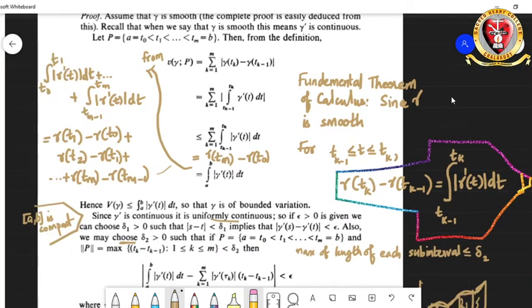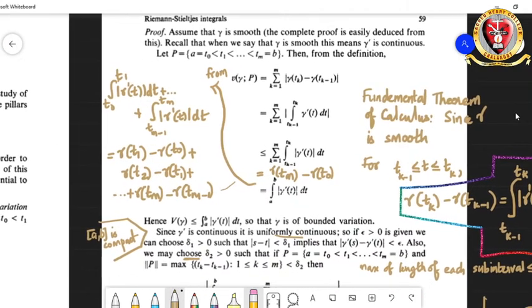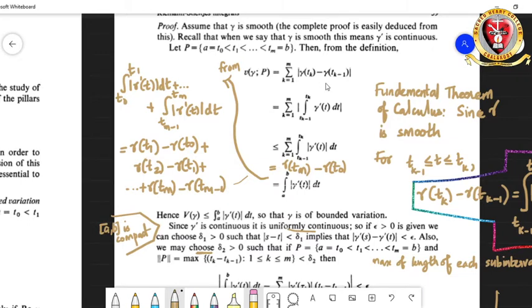So we are substituting that observation inside this modulus.